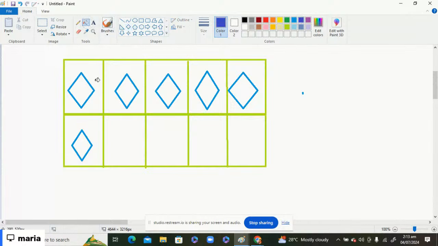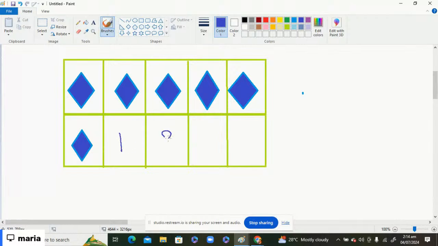Now you tell me how many empty spaces there are to make it a full 10. Like look, it's one, two, three, and four.